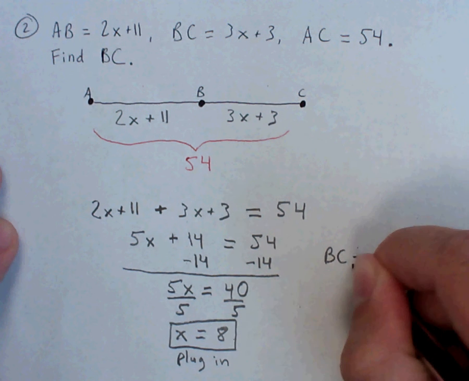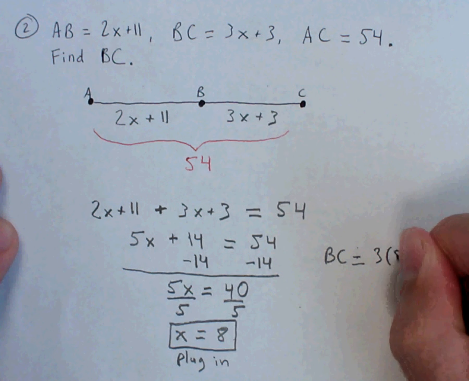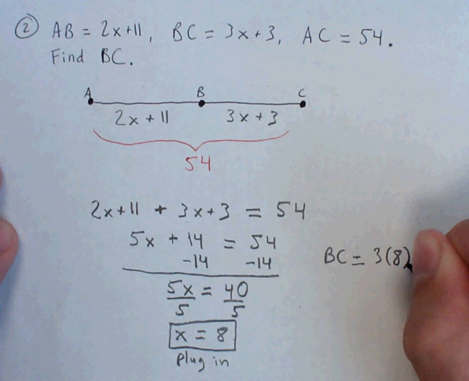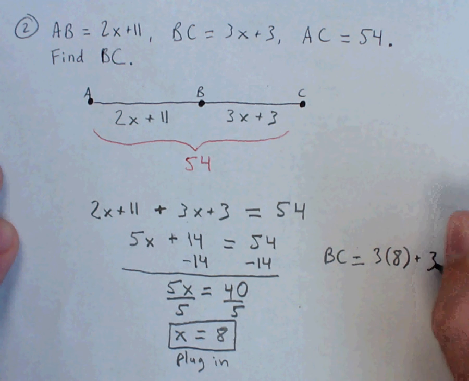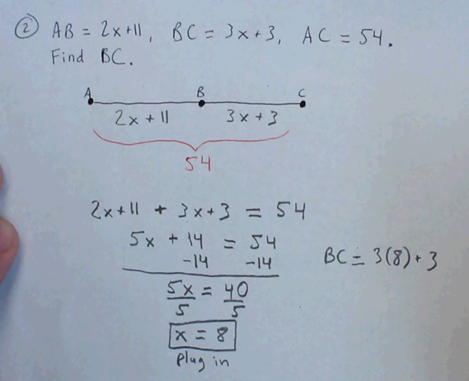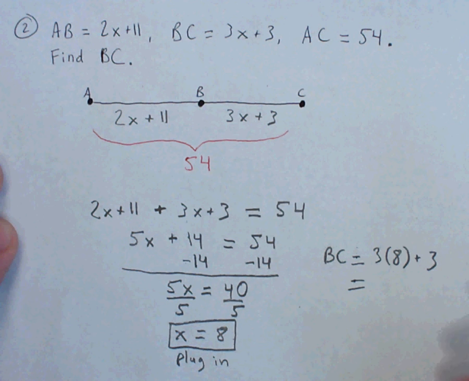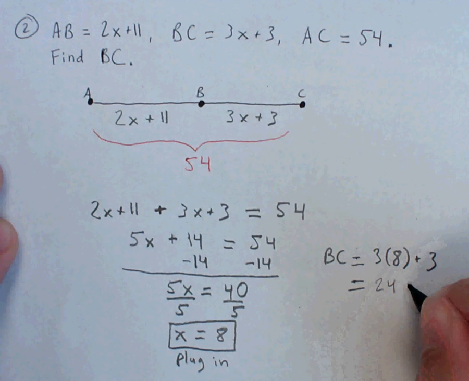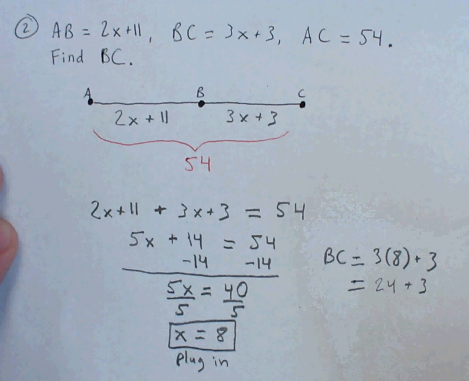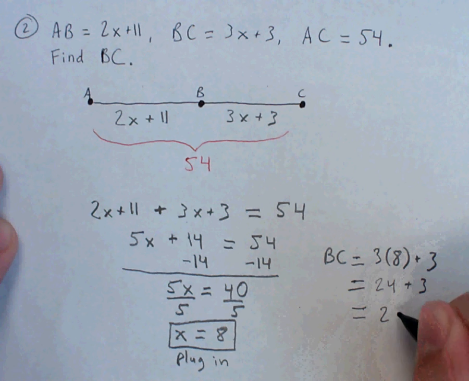BC equals 3 times 8, because that's our x, plus 3. Three times 8 is 24. Again, plus 3. BC is 27.